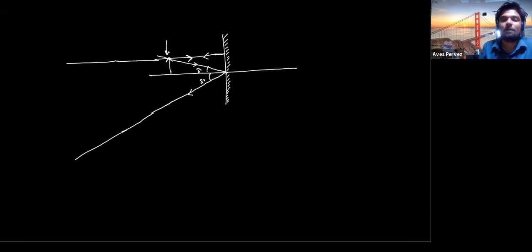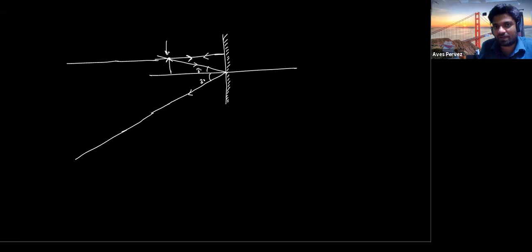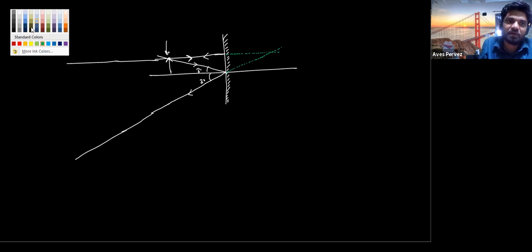But if I increase these rays in the backward direction, I'm assuming that these rays are meeting somewhere in the backward. So if I keep increasing this and this one, they meet here, and there they will be forming the image.